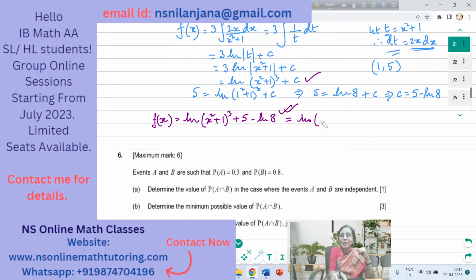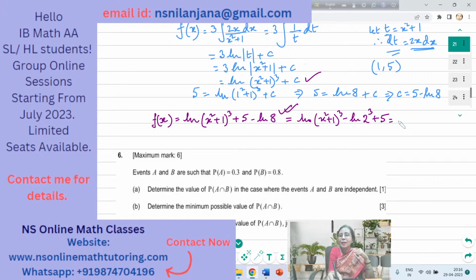So this is ln of (x squared plus 1) to the power of 3 minus ln of 2 to the power of 3, because 8 is 2 to the power of 3, plus 5. And this is ln of x minus ln of y, suppose.